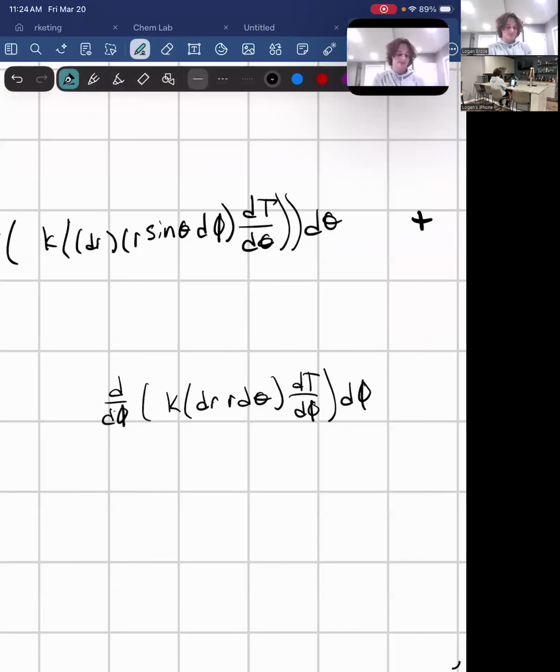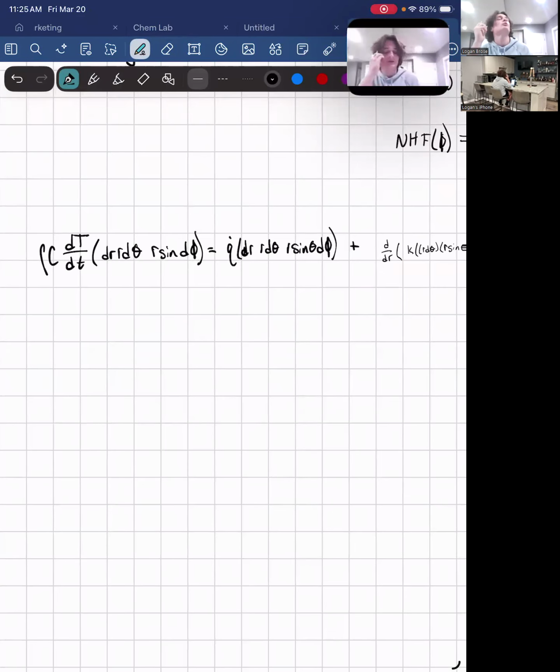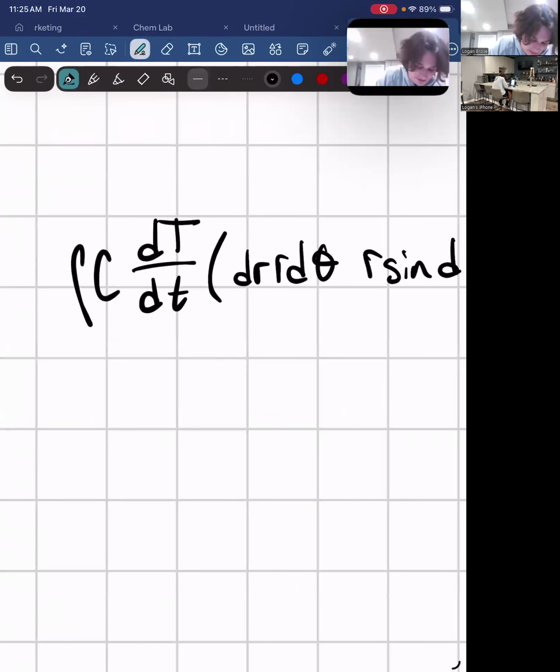And then from here, what we're going to do is factor out our dr d theta and d phi of each of these so that it's a little bit easier to see what we're canceling out, right?